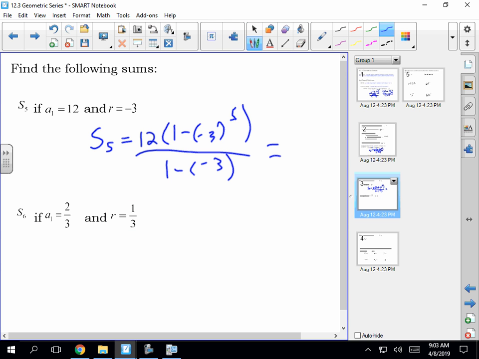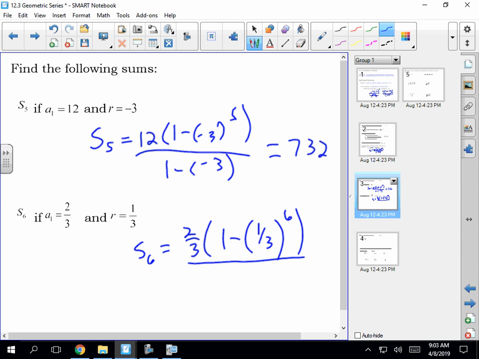So this first one, you should end up with 732. If you write it in fraction form, the second one, S sub 6 equals, like this, 2/3, 1 minus 1/3 to the 6th, over 1 minus 1/3. 732 for the first one.